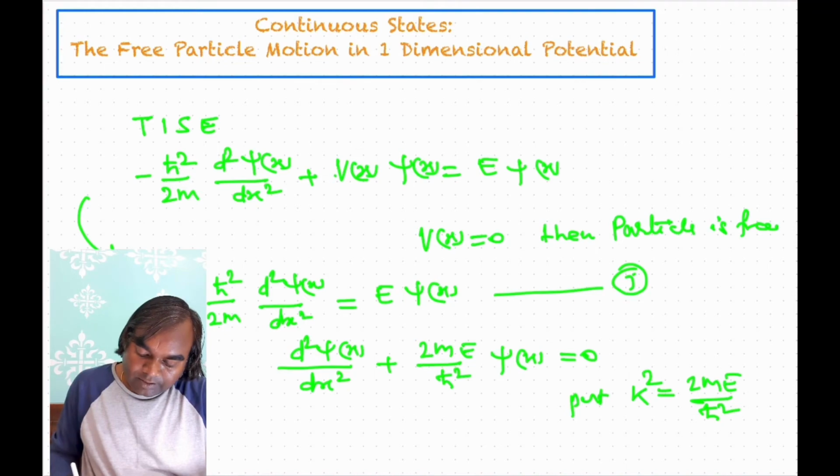Therefore, this equation can be written as (d²/dx² + k²)ψ(x) = 0. So, this is the differential equation in the second order and first degree.